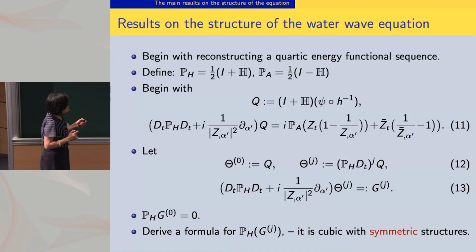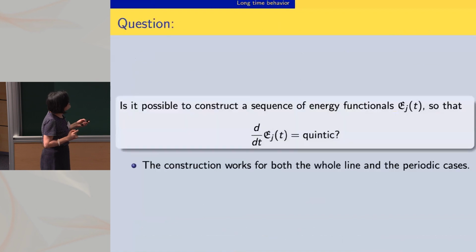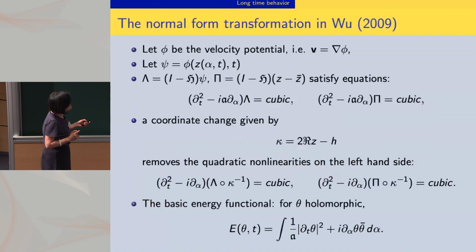Okay. So we start with a similar quantity, not the same, but similar. This is I plus h of the velocity potential, but composed with Riemann mapping coordinates. The reason we choose this is because here we know that this works. This is a good quantity which, when you apply the main operator, you get something cubic.